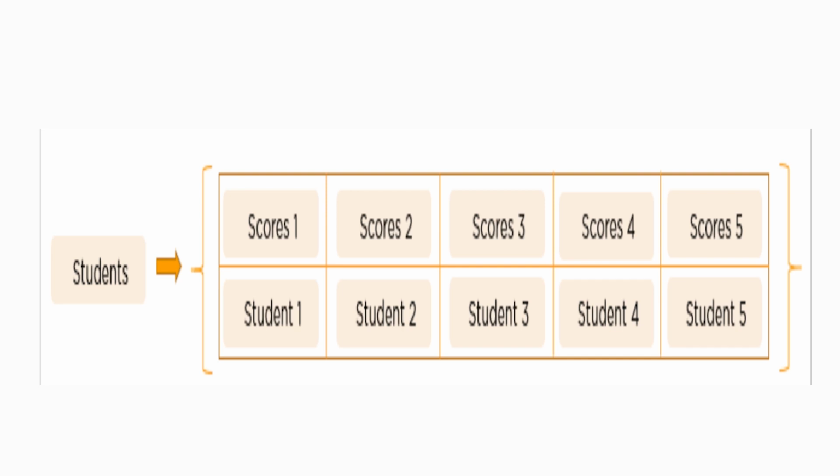We can store our data like this: student 1 has these marks, student 2 has these marks, student 3 has this score, student 4 this one, student 5 this score. When working with a small number of students, we can go for the array type of data structure.